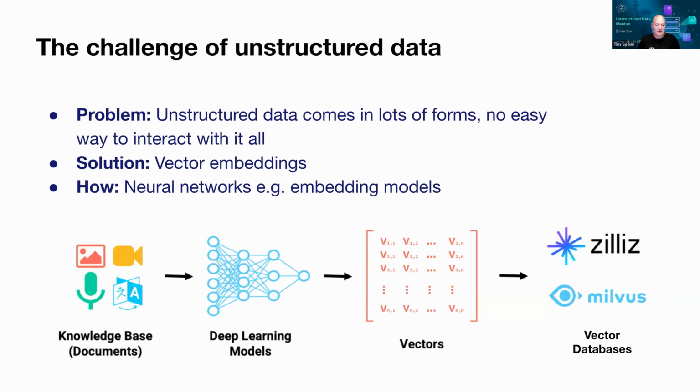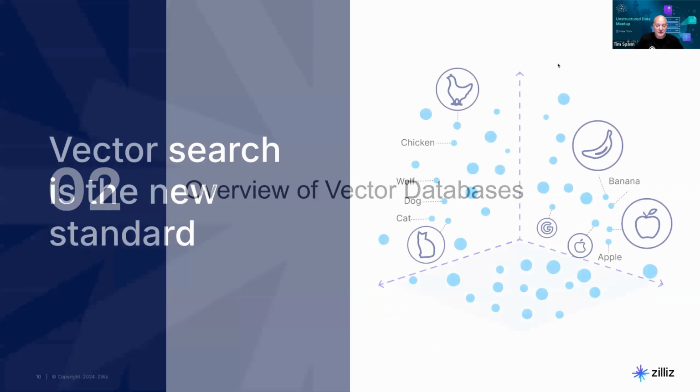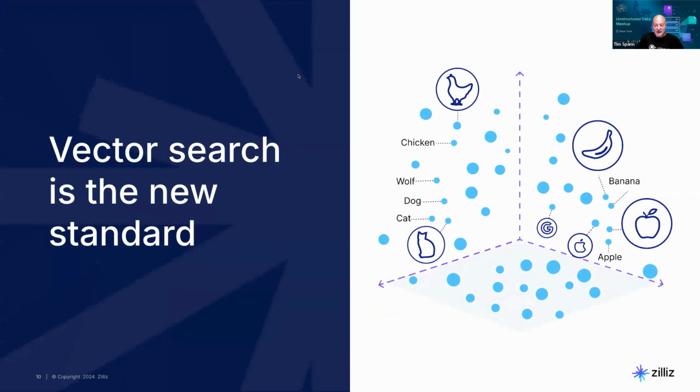Taking what knowledge you have, regardless of what format it's in, get it run through some deep learning models, get it into vectors, just a bunch of numbers, and then get it in a database so you could use it, query it, use it in applications, use it in pipelines. It's actually pretty straightforward. It's very complex. If we had to hand write that math, this would be a different story. But vector search is pretty cool.